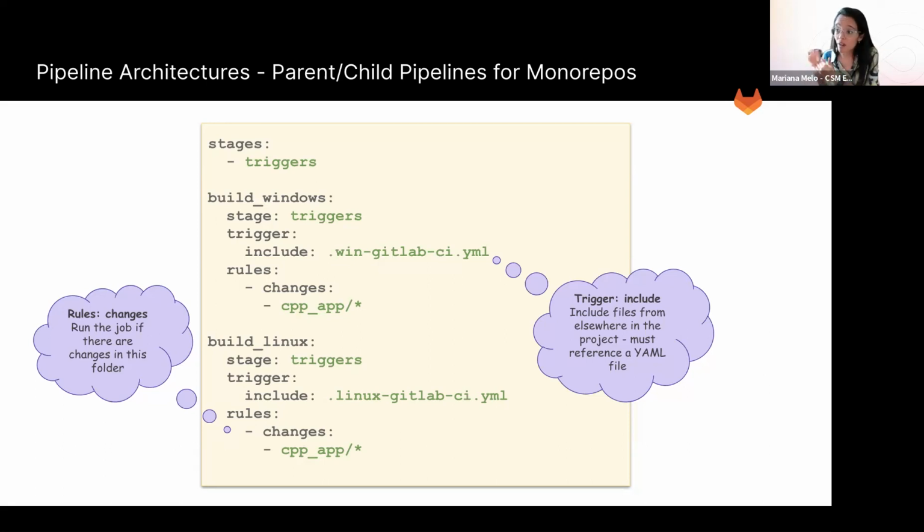So this is also a great option for you. If this pipeline only needs to run when there's this change, you can use the rules. We added it here as an option also to combine both.